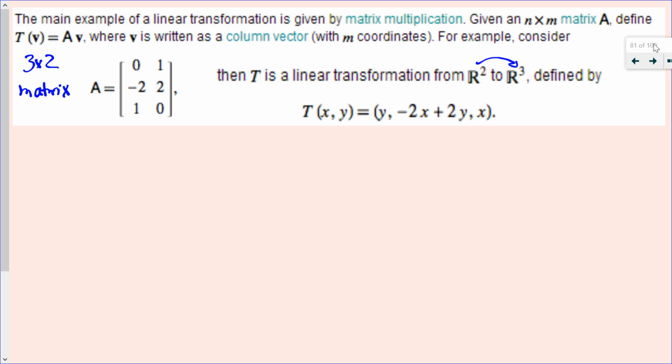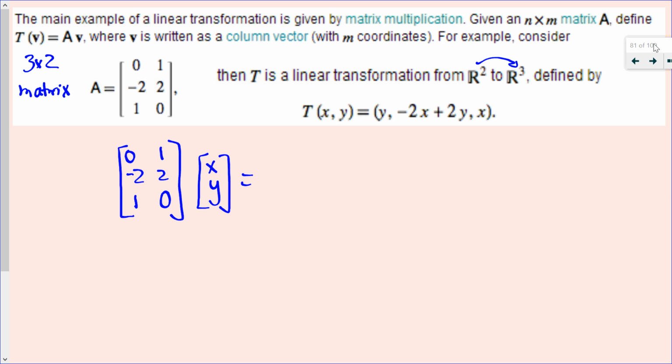And so if we look at creating a 3x2 matrix such as this one, and multiply it by any given vector in R2, such as x, y, we can see where the transformation, as it is listed here, comes from.